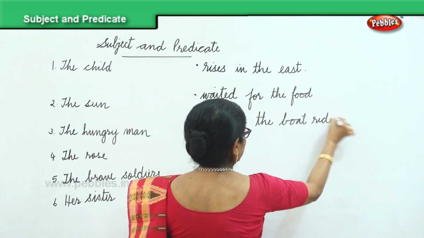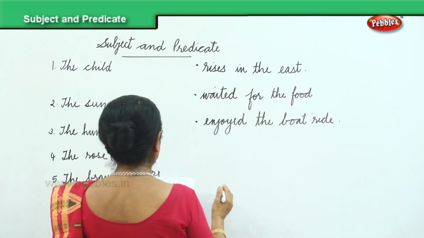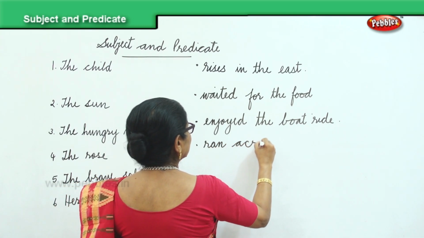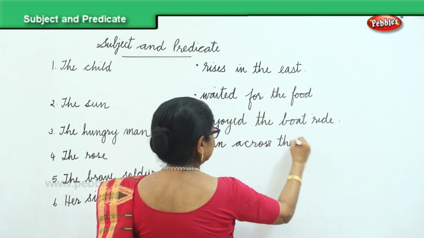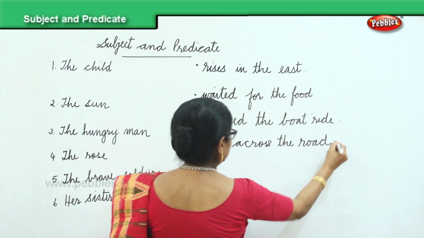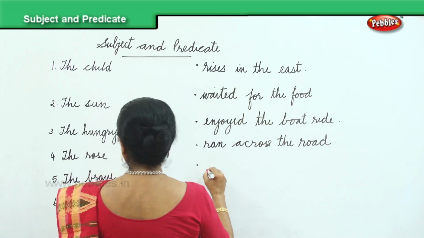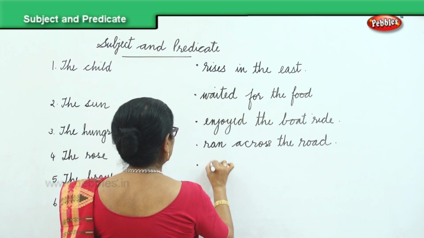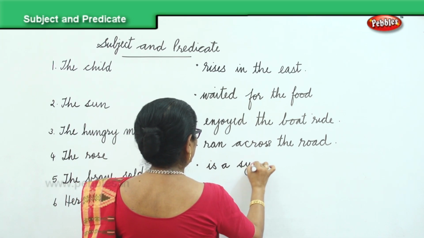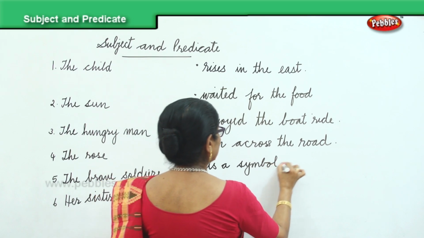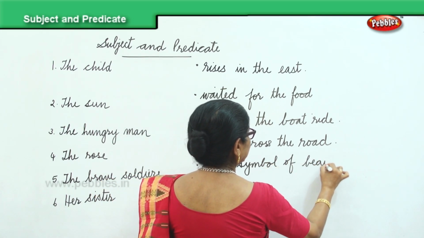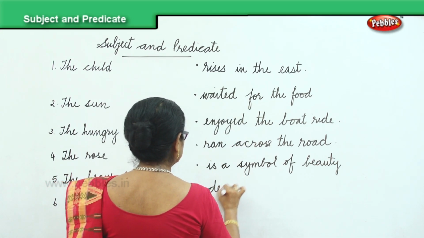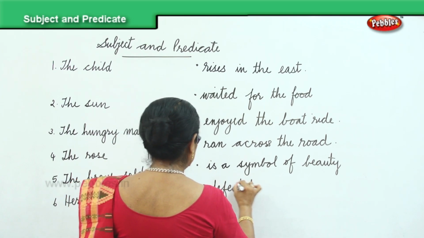Ran across the road. Is a symbol of beauty. Finally, you have defeated the enemy.